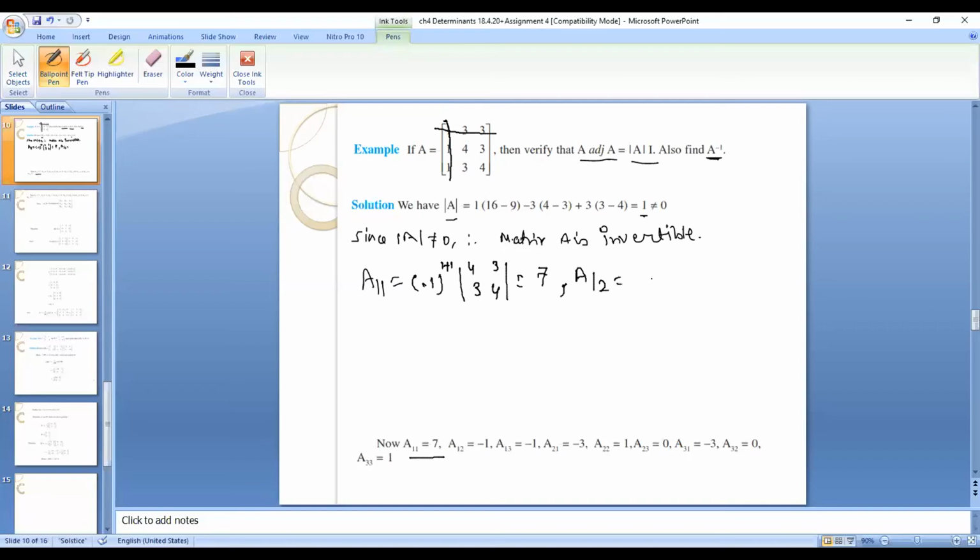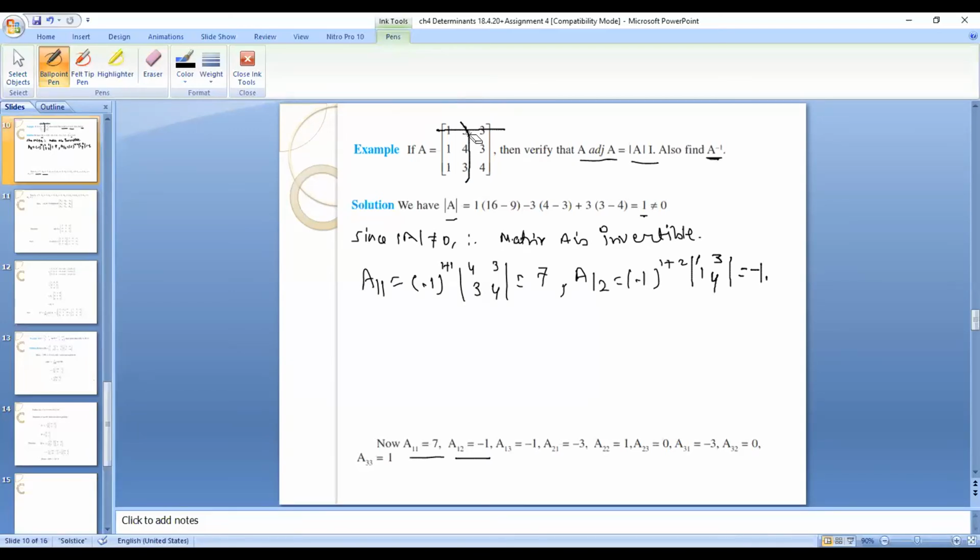Then find A12. A12 is minus 1 raised to power 1 plus 2. Then we will hide the first row, second column. Then we will have the determinant of 1, 3, 1, 4, which means 4 minus 3, 1. 1 into this minus 1, our output will be minus 1. So A12 will be minus 1.